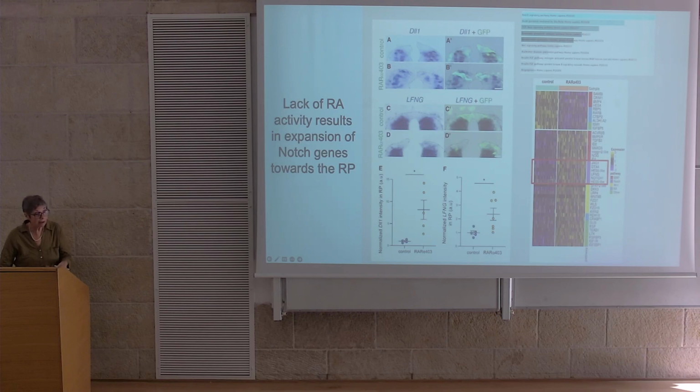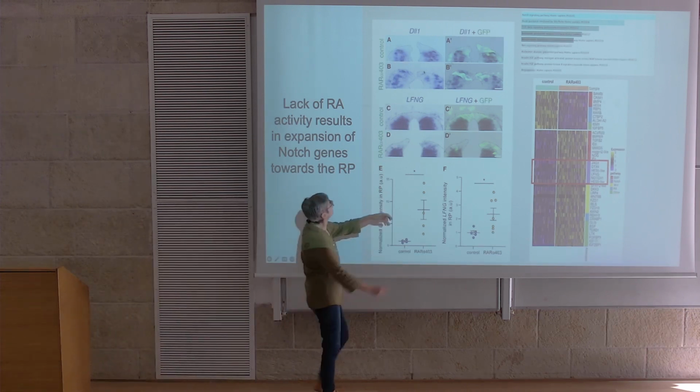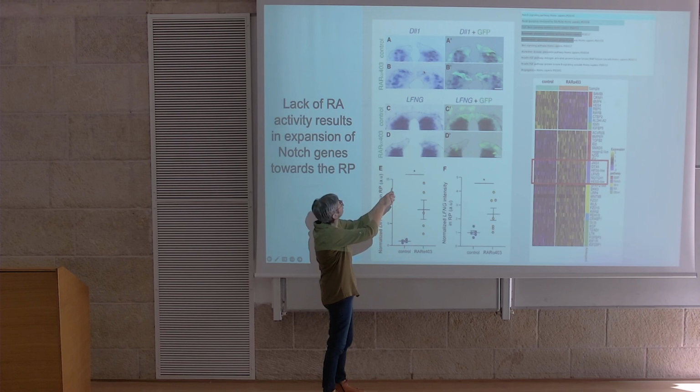Let us see how it shows itself in the in situ. This is Delta. Delta is a Notch ligand. You see it from the boundary between roof plate and neural tube, pretty much like Lunatic fringe.